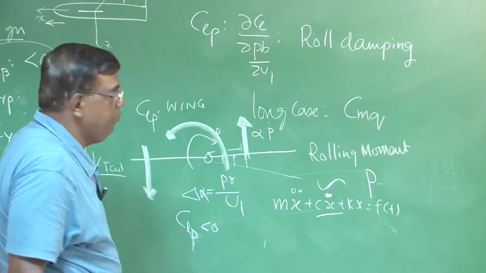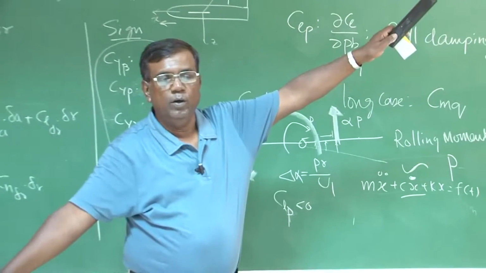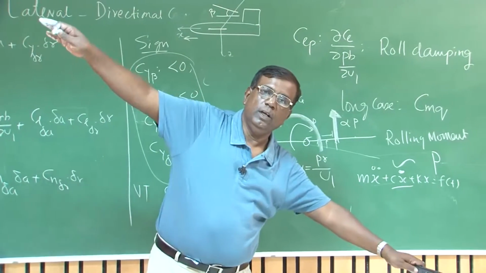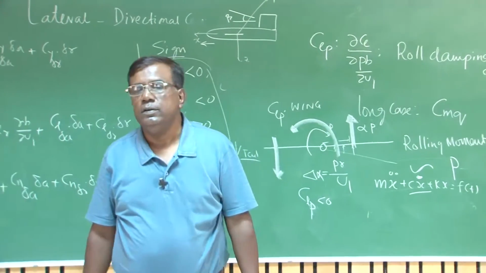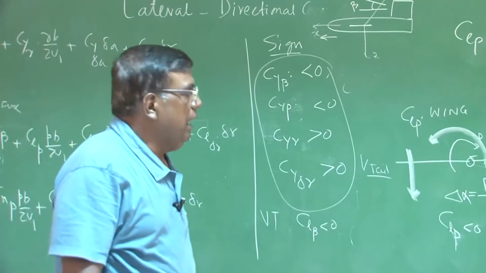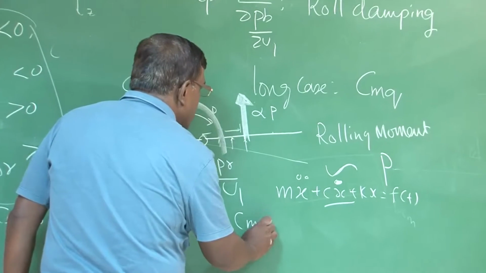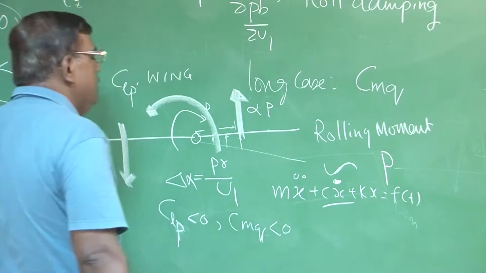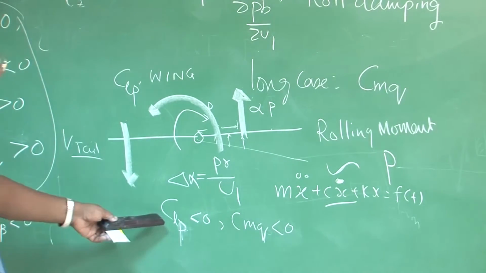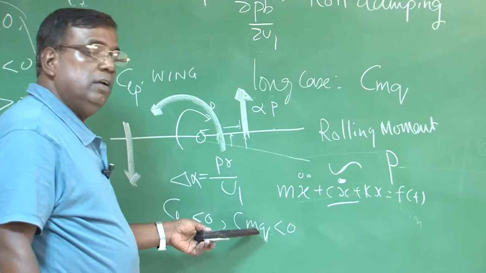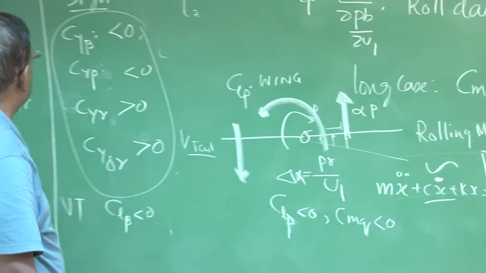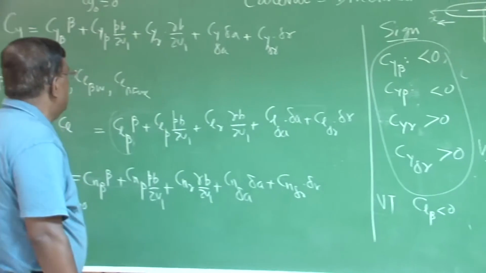For a positive P, right wing going down, moment is this way, left going down, so C_L p is negative. As C_M q for longitudinal case was negative, and both are damping derivatives. This one for lateral case, this is for longitudinal case. Okay. So C_L p is okay.